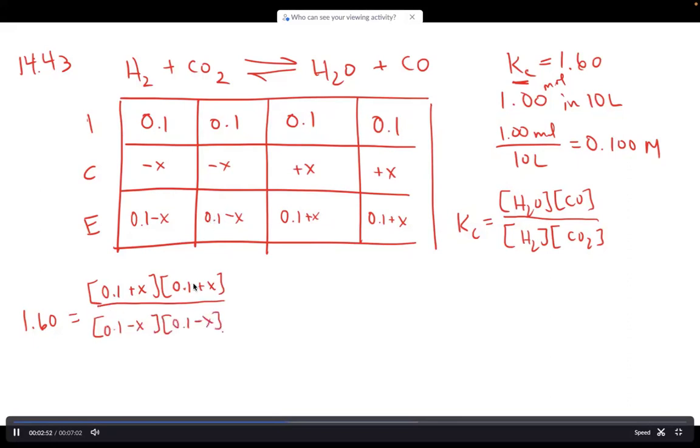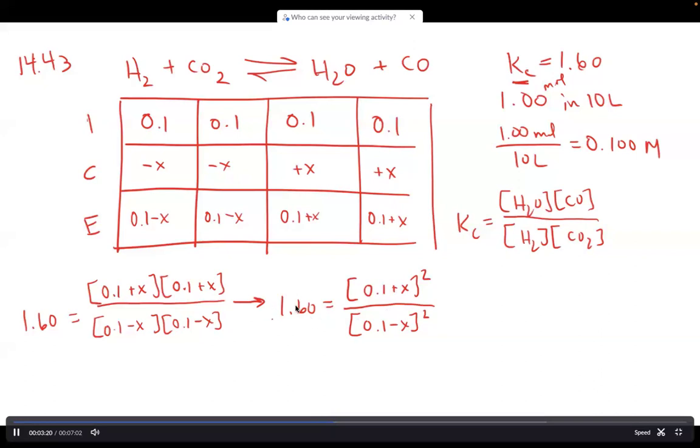And here's where it becomes more of an algebra problem. We notice these are the same, so if we multiply them together, I've got 1.6 equals (0.1 plus X) squared divided by (0.1 minus X) squared. Now both of these are squared, and I can get rid of that by taking the square root of both sides.